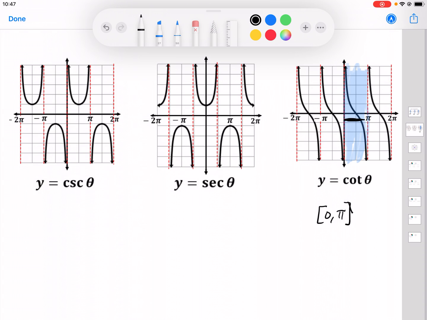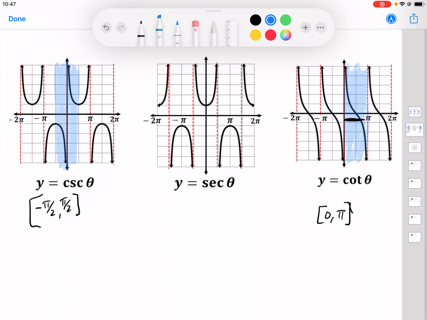Now secant and cosecant, we're not going between asymptotes because if we did, we would miss a whole half of the graph. So for instance, if I just took this portion from 0 to pi, it won't pass the horizontal line test. So instead, I am going to take the section from -π/2 to π/2, so it does pass the horizontal line test. So this one's -π/2 to π/2, just like sine.